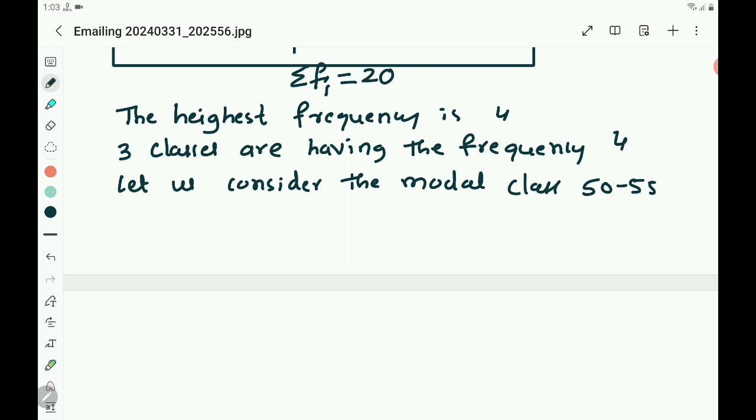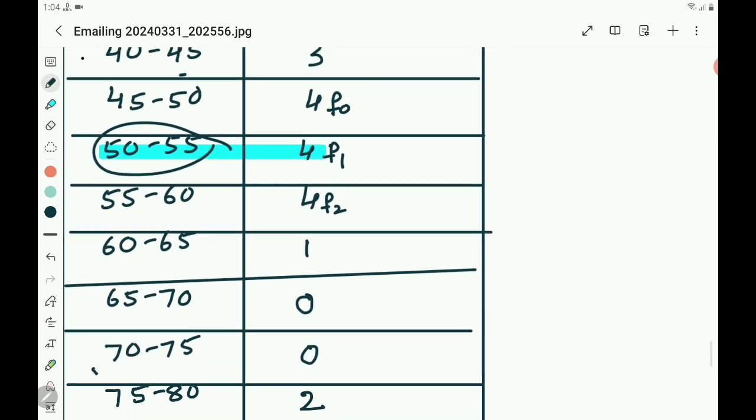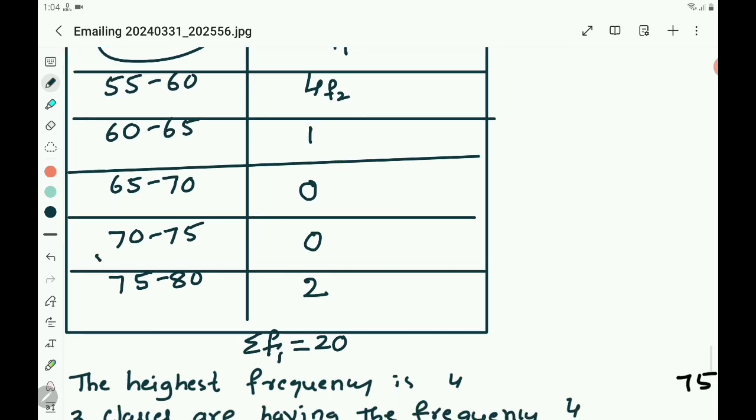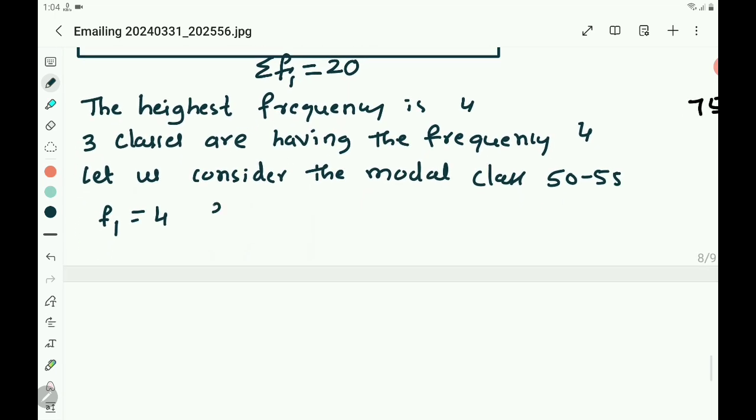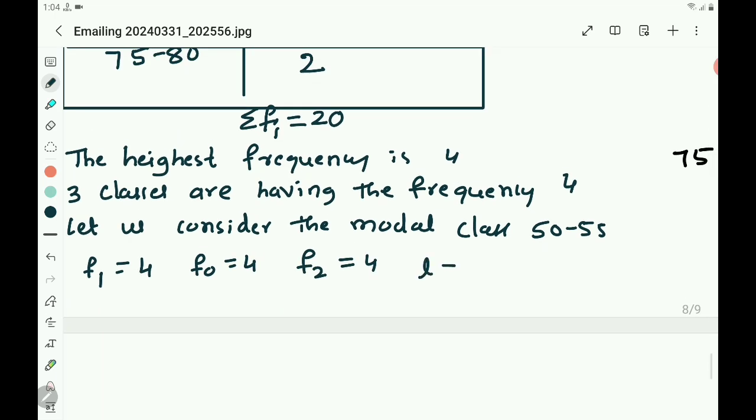Then you write one by one. F1 equals 4. Then F0 is also 4. F2 also 4. And L is the lower limit, that is 50. And H is the size of the class, 55 minus 50, which is equal to 5.